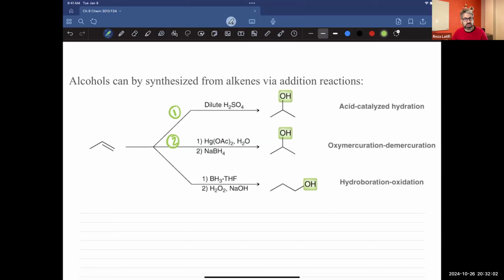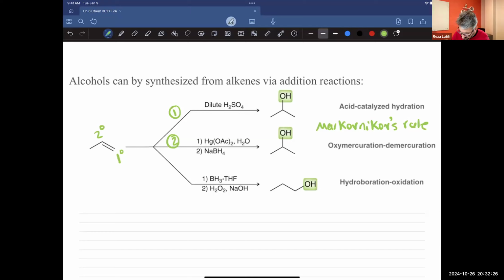In both cases, the reaction will follow Markovnikov's rule. That means the OH will show up on the carbon with more substituents. Here we have a primary carbon. This one is a secondary carbon. So the OH should show up on the secondary carbon.